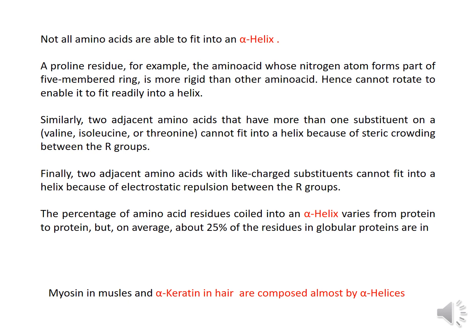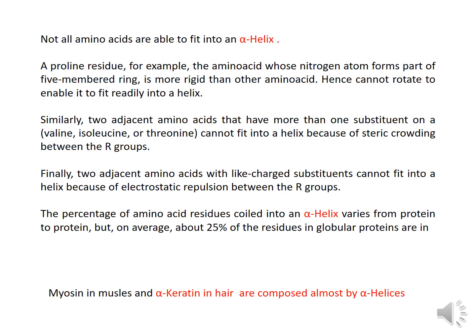The percentage of amino acid residues coiled into alpha helix varies from protein to protein, but on average, about 25% of residues in globular proteins are in alpha helix structure.